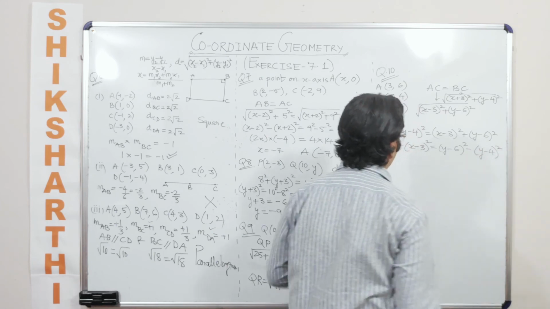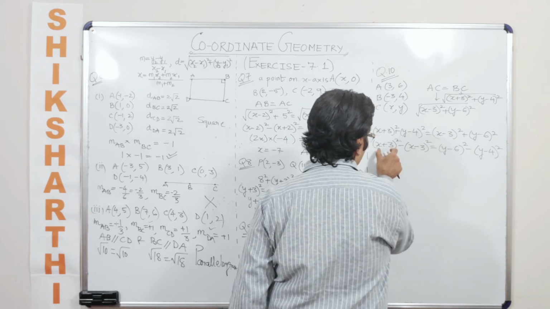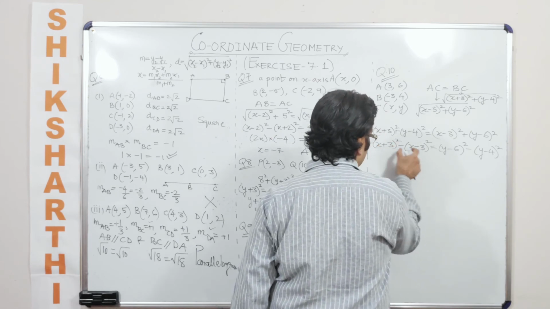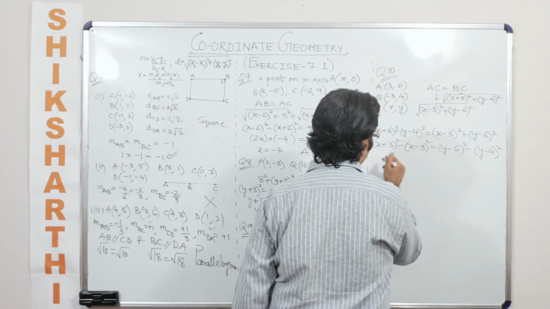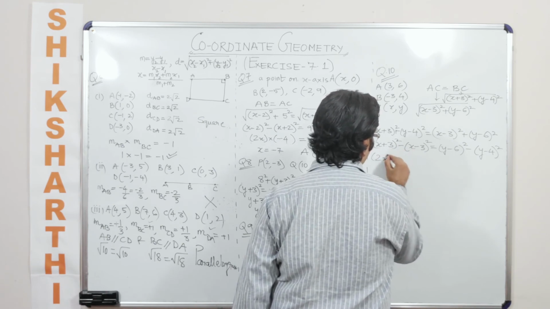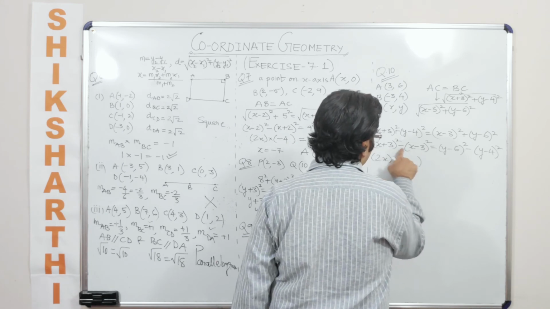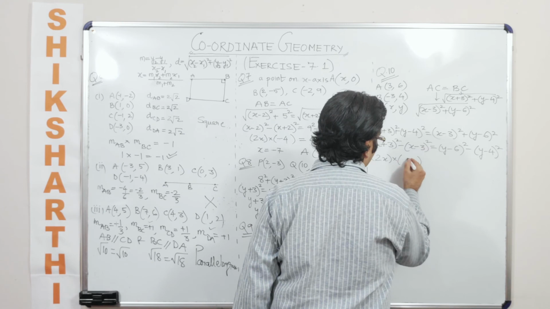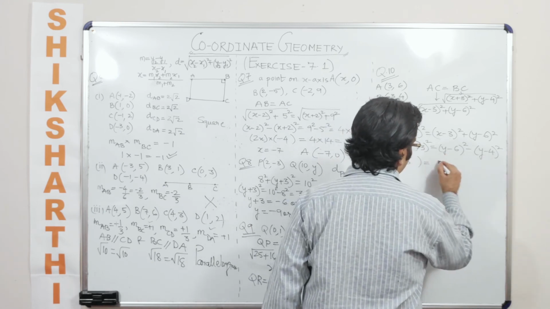And then you apply the formula a square minus b square. Now when you are applying the formula a square minus b square, once you will be doing a minus b, and the next time you will be doing a plus b. So x plus 3 plus x minus 3 will give you 2x into once. Now when you subtract this, you will be getting x plus 3 minus x plus 3, which is 6. This is equal to this plus this, which is 2y.